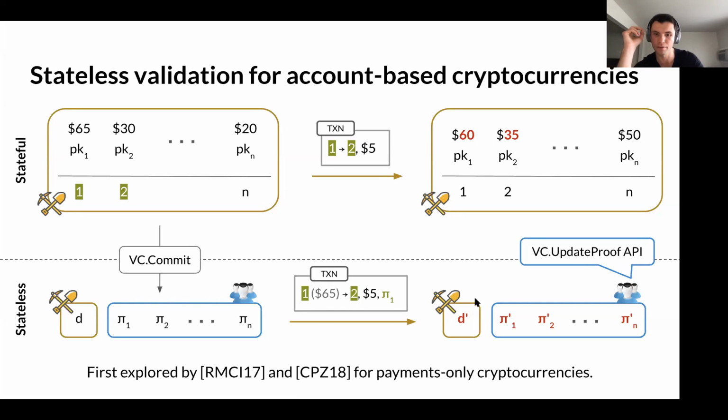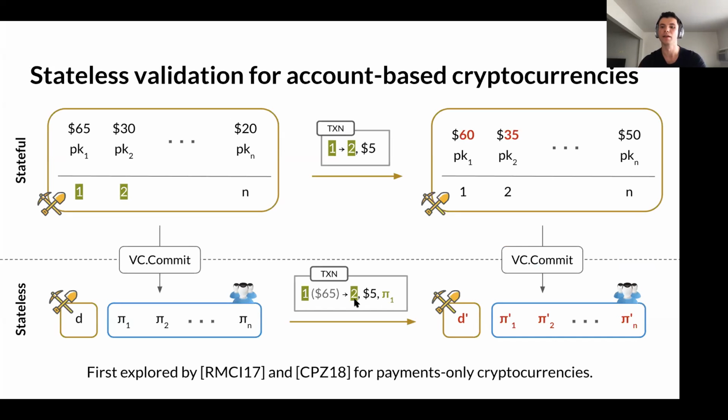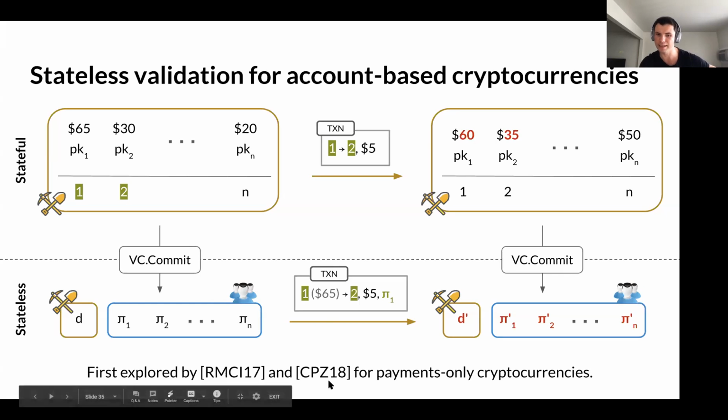Each user would have to pick up this transaction from the network and apply the update to its own proof. And that can be a bit cumbersome for the user because users have to keep up with all transactions in the network. So what CPZ 18 proposes is that, well, if users want to, they can choose to do that update locally.